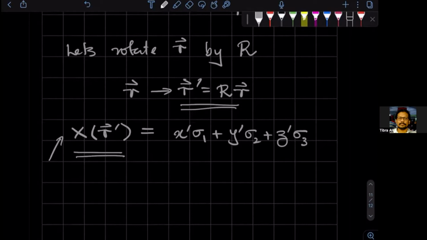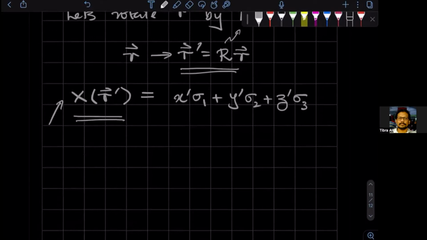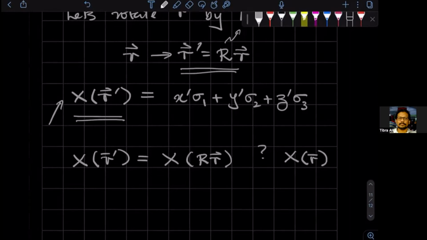There should be some sort of continuity. If the rotation is small, then X of R prime would be a matrix very close to X of R. But if it is a big rotation, then X of R prime should be quite distant from X of R. So X of R prime is some action on X of R, and I want to know how this is related to X of R, because if I can do that, then this will allow us to crack the homomorphism, okay?